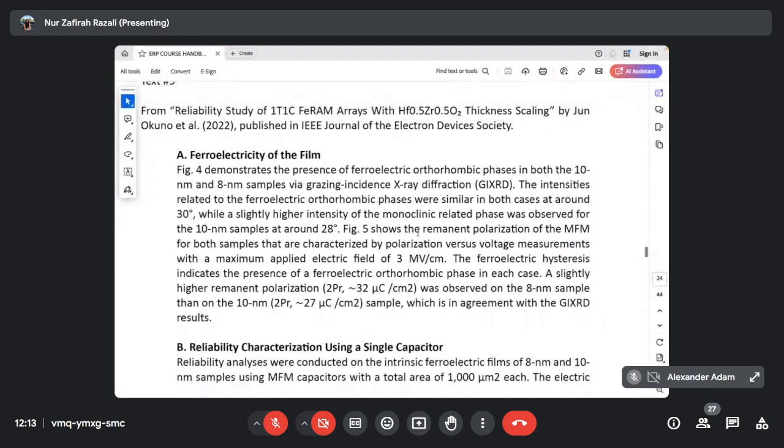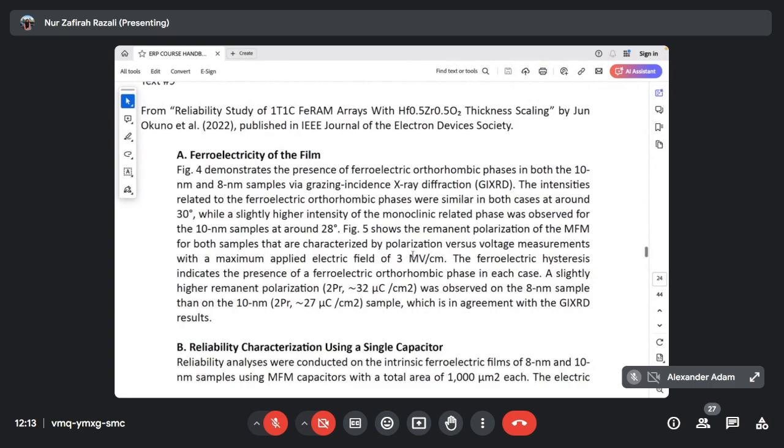Figure 5 shows the remnant polarization of the MFM for both samples that are characterized by polarization versus voltage measurements with a maximum applied electric field of 3 MV per centimeter.